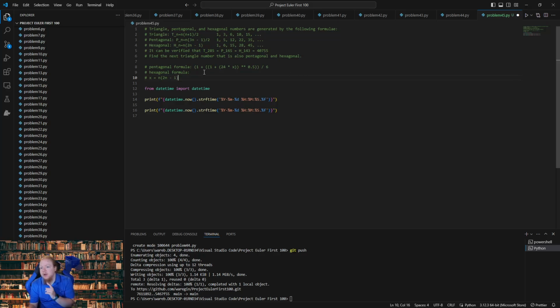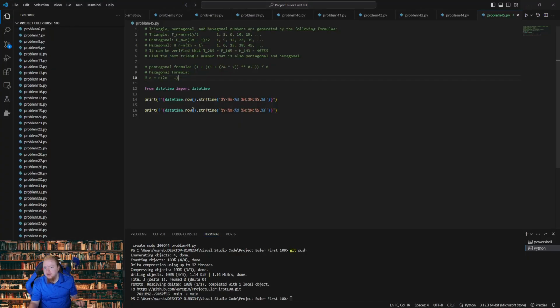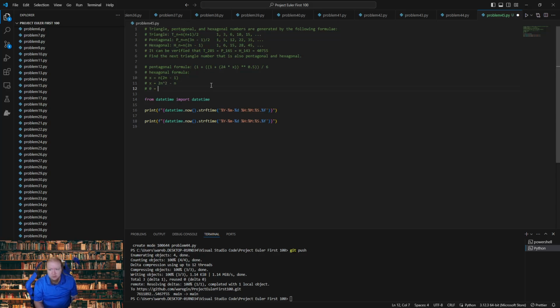2n minus 1, right? Let's double check the actual problem just to make sure. n times 2n minus 1, which means x equals 2n squared minus n, which would mean that 0 equals 2n squared minus n minus x.